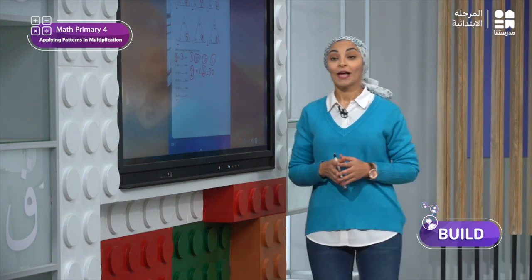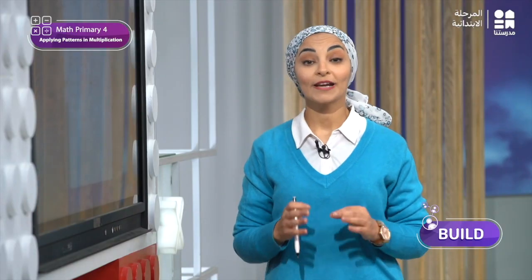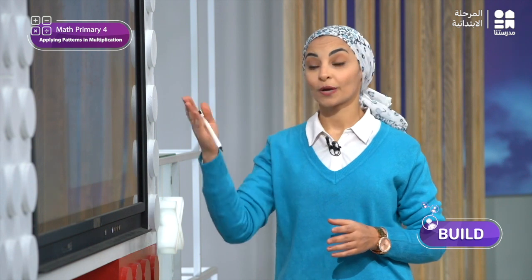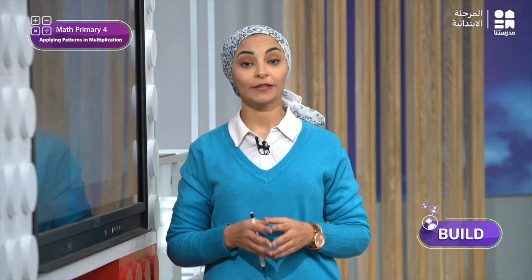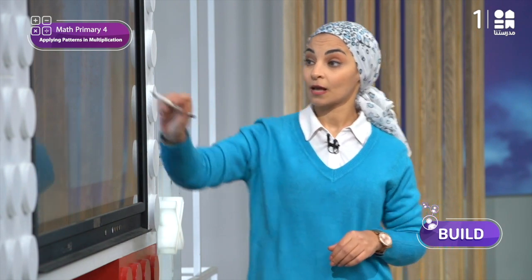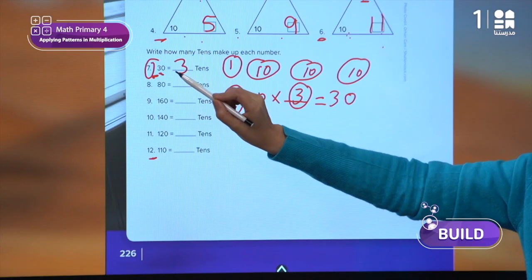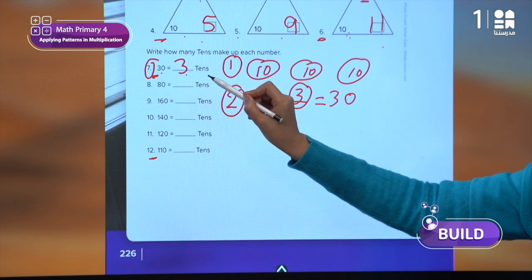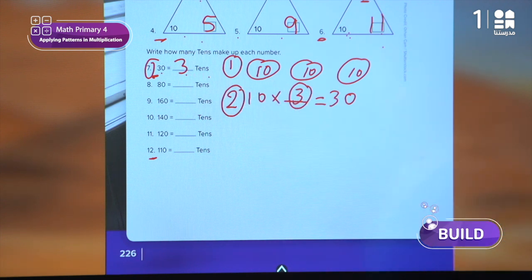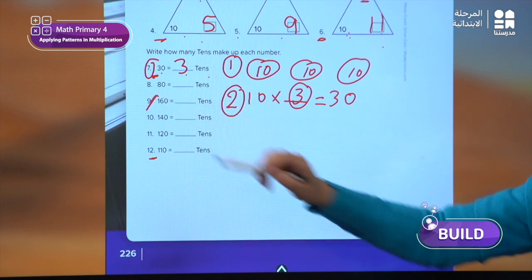طيب, في بقى طريقة تانية very simple way. برضو السؤال هنا بيسألني about the number of tenths. So we can take the numbers starting from the tenths place. يبقى 30 equals 3 tenths. طيب, now let's move to problem number 9.